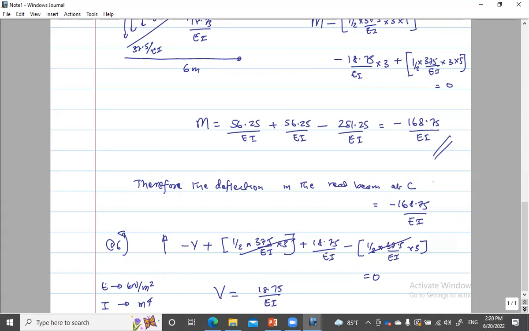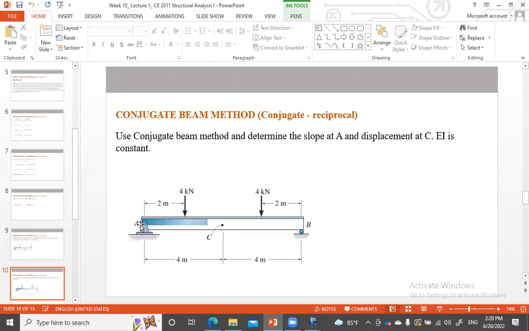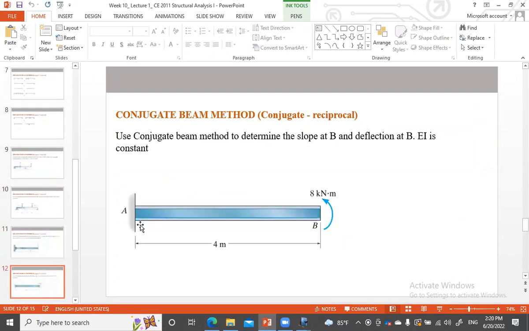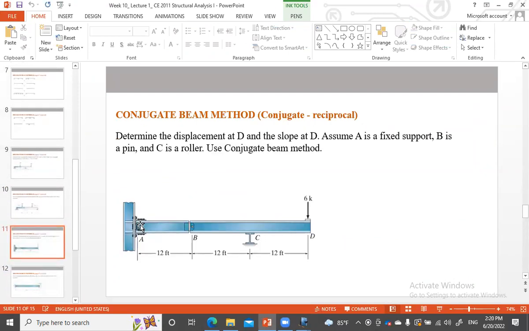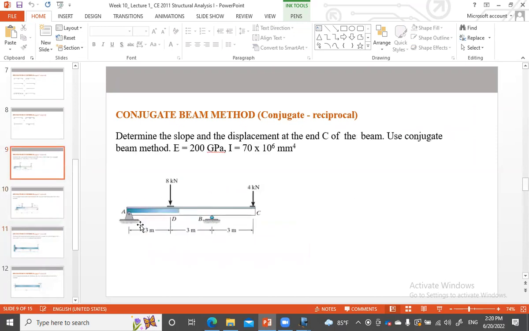Okay. So now let us take an example. Something similar to this we have done now. Let's take this.